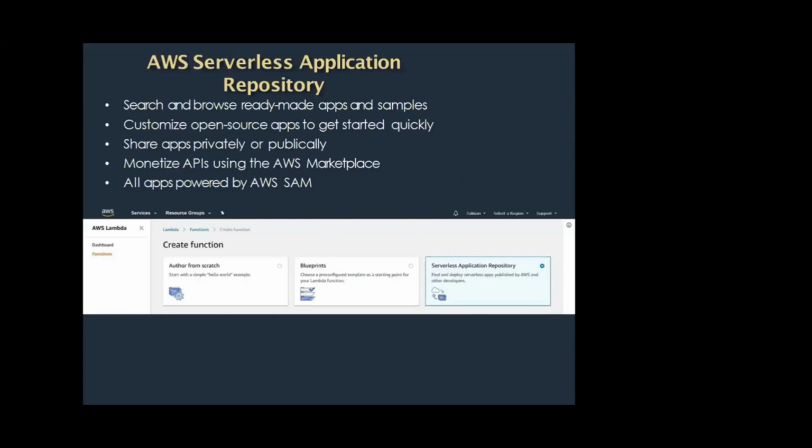So the AWS Serverless Application Repository. The AWS Serverless Application Repository is a managed repository for serverless applications. It enables teams, organizations, and individual developers to store and share reusable applications and easily assemble and develop serverless architectures in powerful new ways.